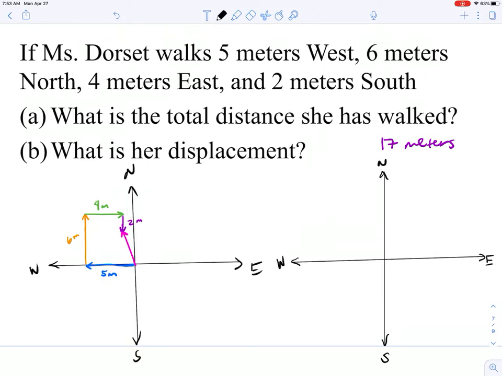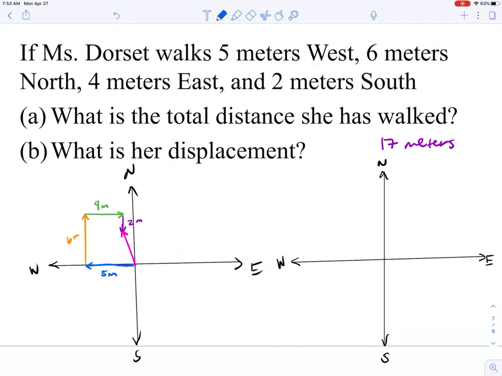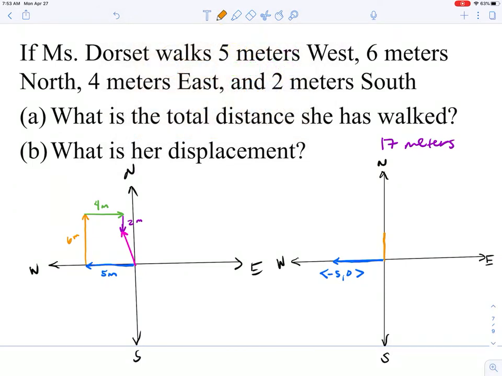So then I can have the vectors in component form and then just think about adding those vectors together to find my displacement vector in component form, and then from there find the magnitude and the direction. So the first vector, 5 meters west, was already in standard position. It would be -5, 0 in component form.